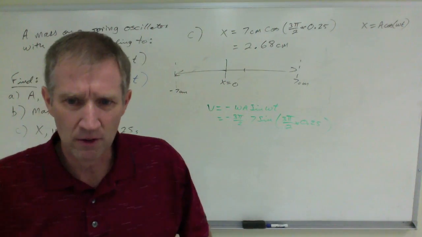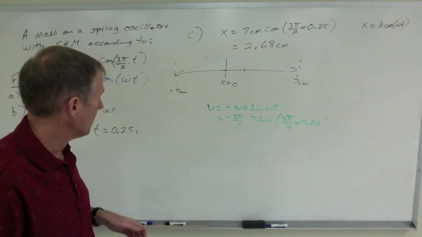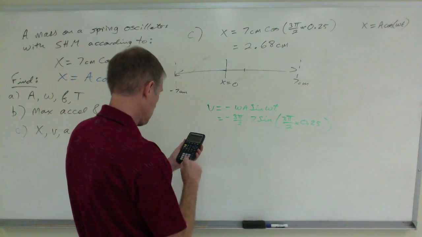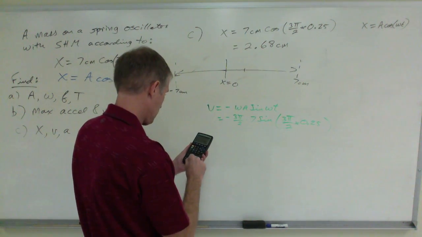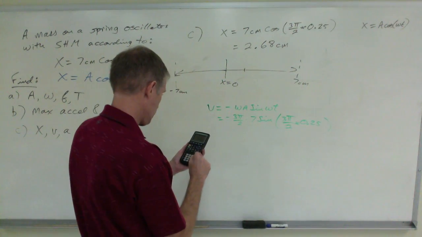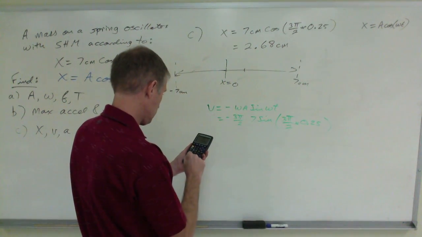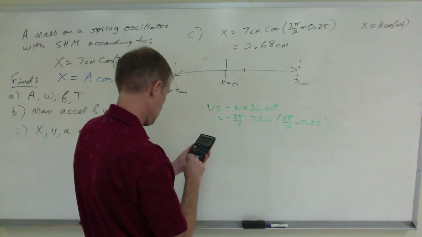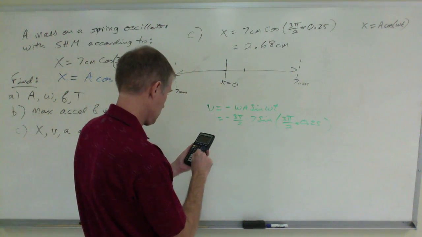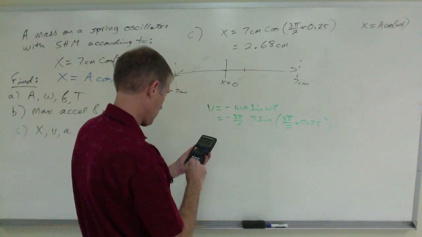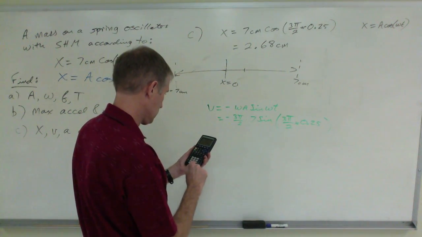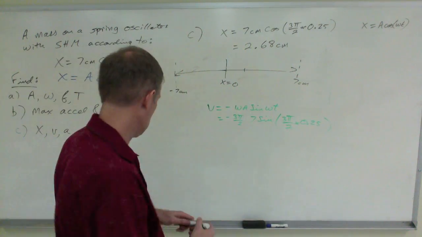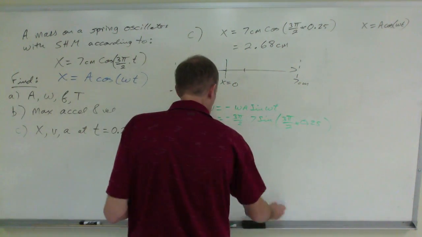Okay, that's probably not the best color. I'll change colors here after this. So let's figure this out. So negative 1.5, or 3 over 2 pi, times 7 centimeters times the sine of 1.5 pi times 0.25, close parentheses, and I get negative 30.5 centimeters per second.